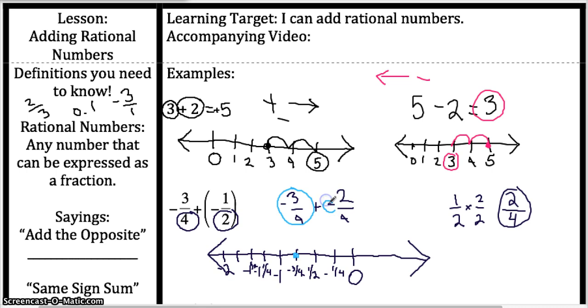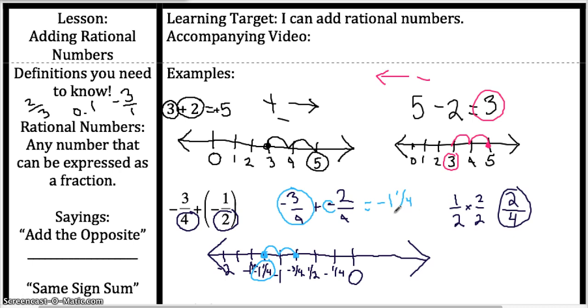So this negative almost overrides, and it tells us that we need to go to the left. So with this negative, we're going to go to the left like we did in subtraction. Here's 1/4, 2/4. So I landed right here, and -1 and 1/4 is the number I landed on. So -1 and 1/4 is my final answer.